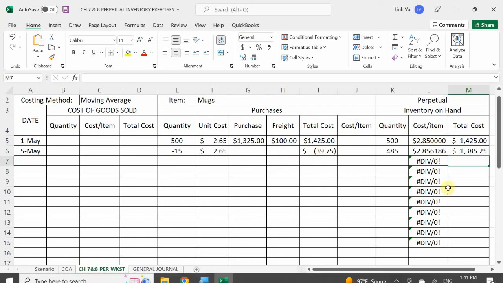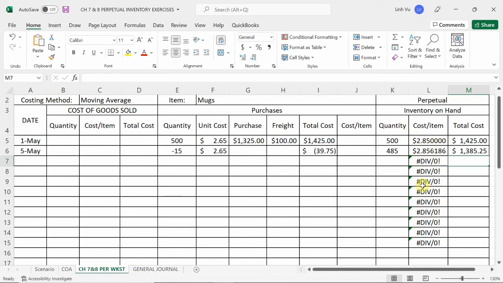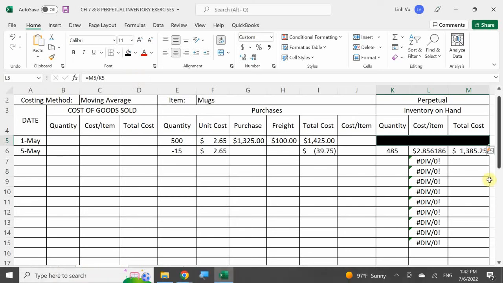Because I have my calculated formula in the middle for my average cost, it has now increased, because I'm taking this total and spreading it across 485 units as opposed to 500. That's why it has increased to 2.85618. I know for a fact that I no longer have 500 units. I have 15 less. So there you go.